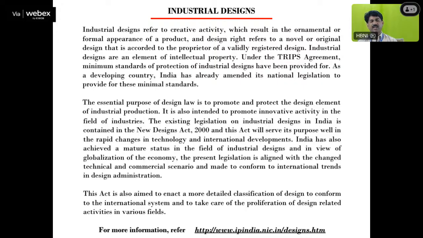Like, say we are making a particular instrument. If we make that instrument, it will look like an aluminum box. But if an attractive exterior is there, the person can easily like it, and they can go for that particular design. So industrial designs also come under this IPR.